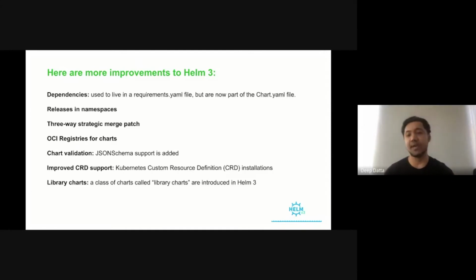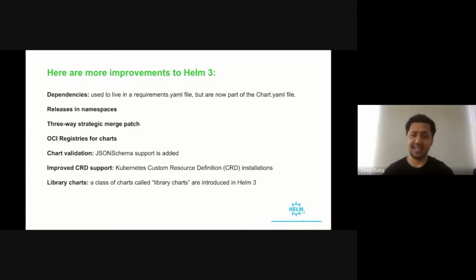Helm 3 also has three-way strategic merges instead of two-way strategic merges. This is just a better way to patch new updates, and it's a much safer way and smarter way to patch and upgrade Helm and Helm dependencies.